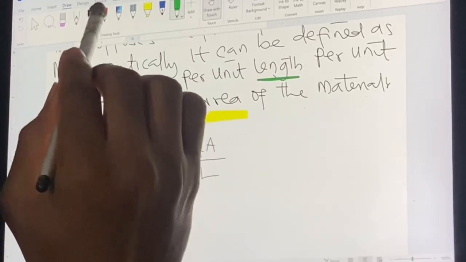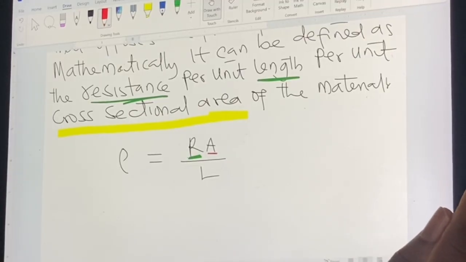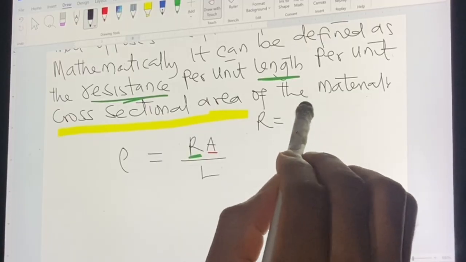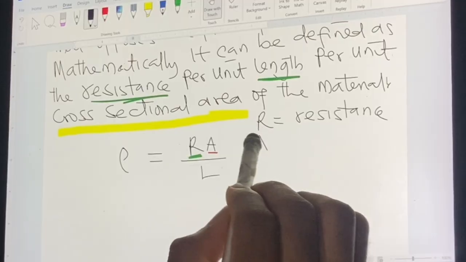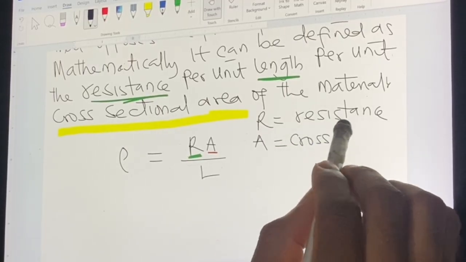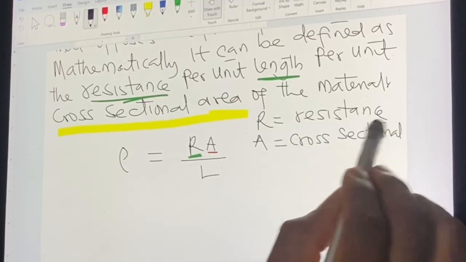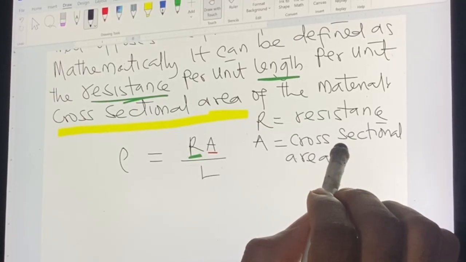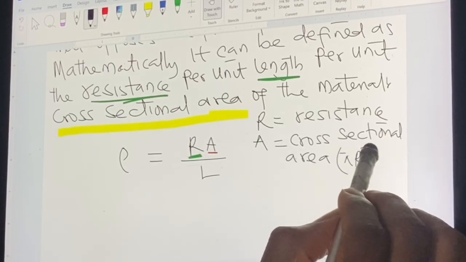A is the cross-sectional area, and it can also be expressed as pi r squared if the area is not given.